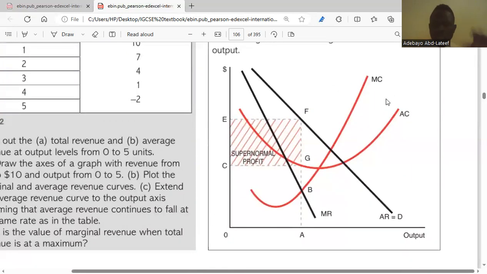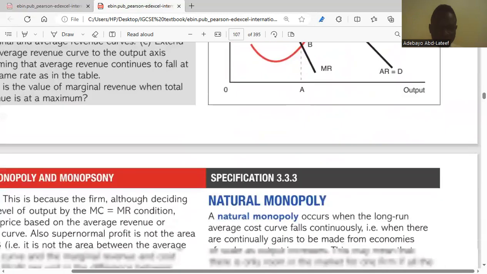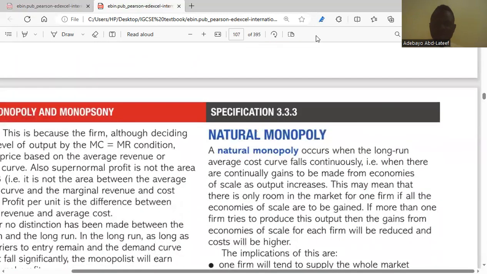But what is certain here is that a monopolist is going to be able to make a supernormal profit of EFGC, selling at OE. It is able to do that because it has an average revenue that is higher than the average cost of production. So that's about that. Thank you.